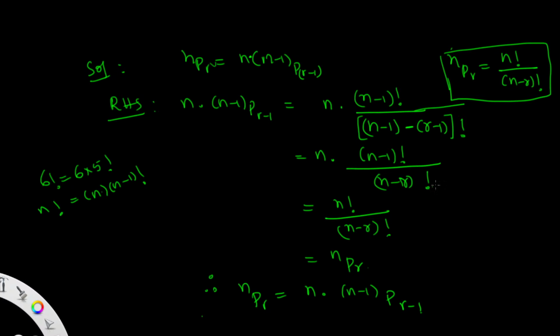So n factorial by (n minus r) factorial is nothing but nPr. Therefore the given statement is proved.